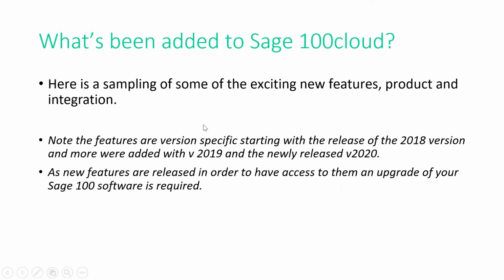So what we're going to do is show you a sample of some of the things that have been added to Sage 100 Cloud. Some features started being added as far back as the 2018 version, but there are things that have been added in 2019, and then the newly released version 2020 also has some features that we're going to look at.